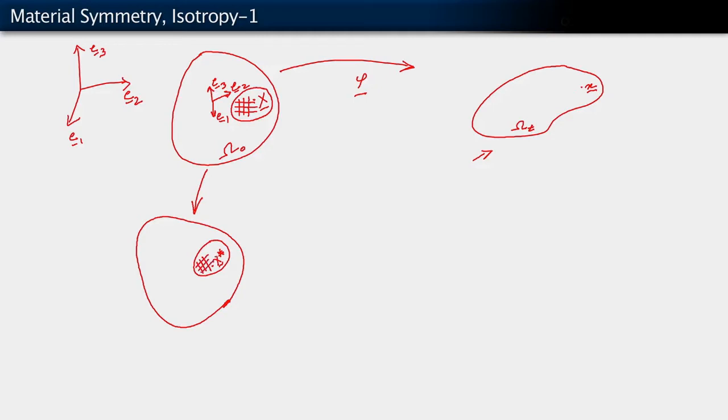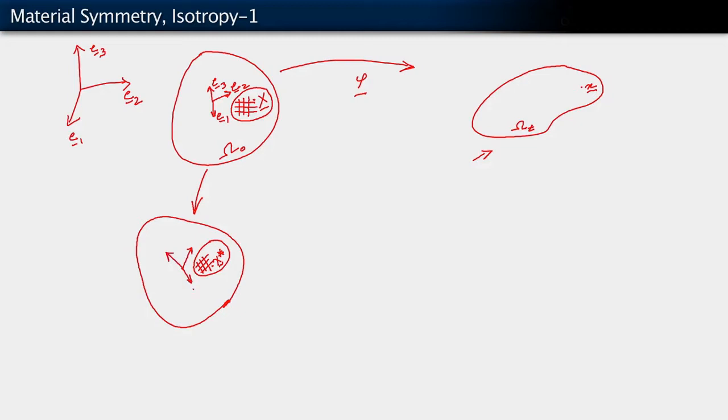Right? You may think of them as, like I said, fibers or crystal planes or whatever, right? And in the process, the basis that was scribed on the material has been rotated.